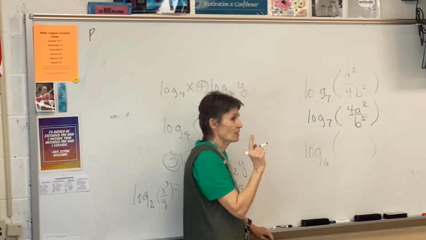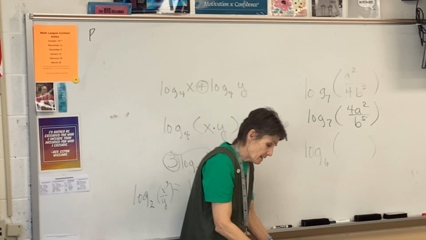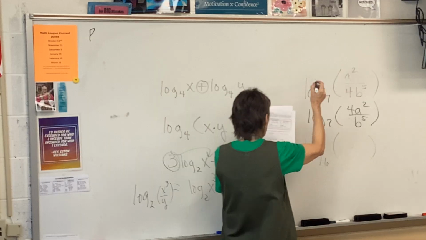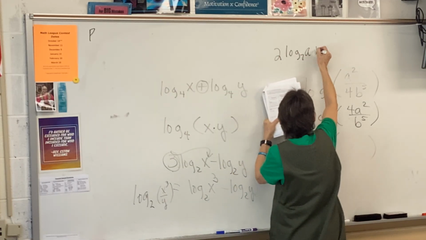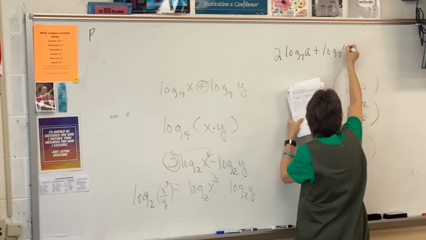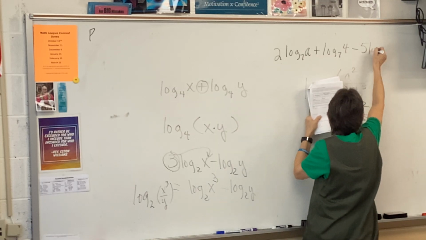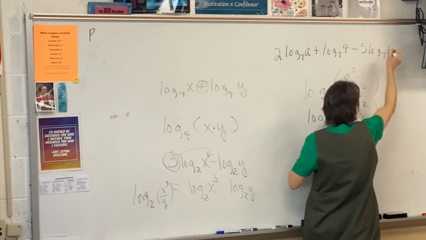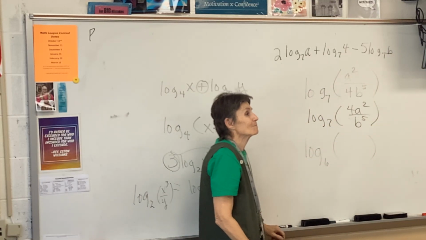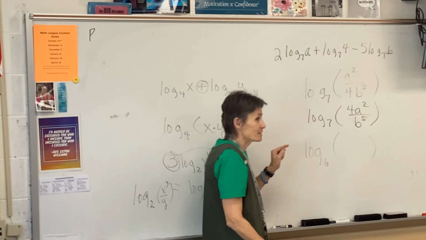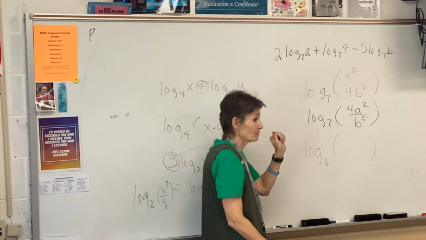Now, here's the thing you have to be careful of, Lori. Could I change the order of this problem and make it look like this? Would that be the same as the original problem? And now can you see that 4 is actually a multiplier?